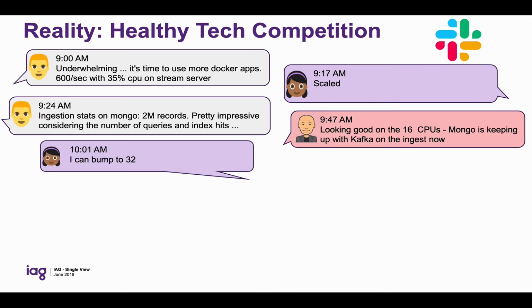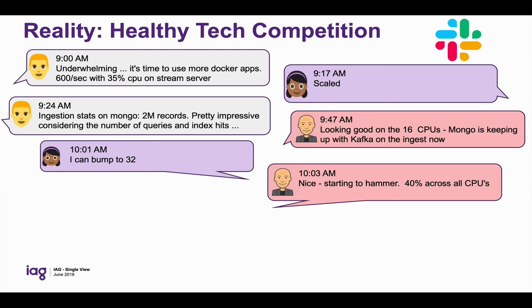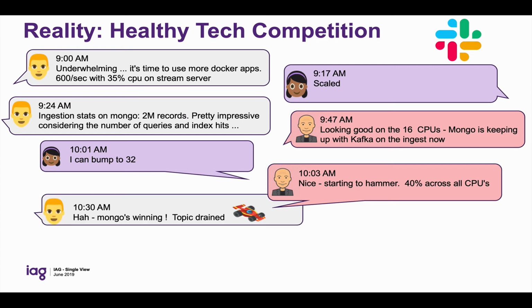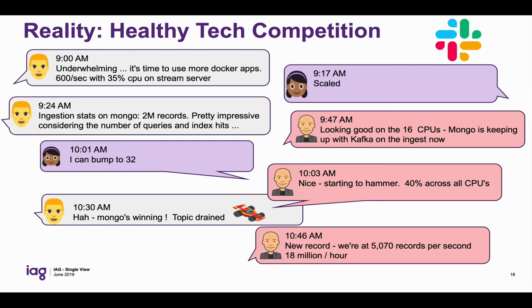Hey, we can bump that up to 32 if you want. Nice, now we're really starting to see this scalability come in. Only 40% CPU usage on the CPUs. MongoDB at this point is starting to drain those Kafka topics out and get ahead of them and pull through. And here we've got a new record, 5,000 records per second, 18 million per hour.